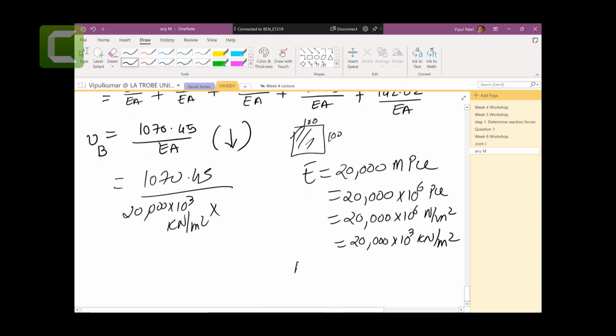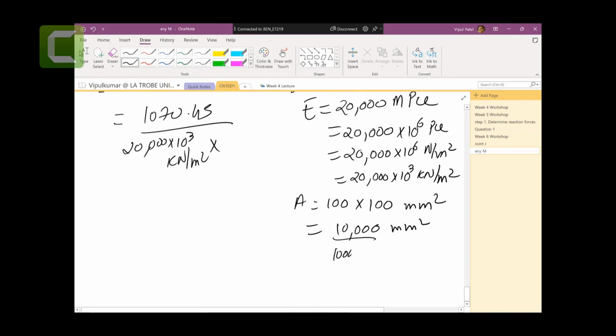Area equals 100 times 100 millimeter square, which makes 10,000 millimeter square, and we divide by 1000 squared to get it in meter square: 0.01 meter square. So let's see if it is coming up or not.